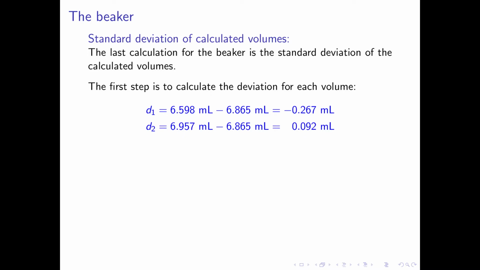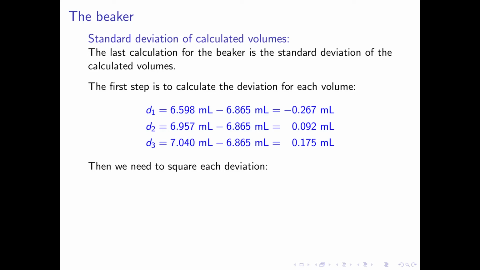The second deviation is calculated as 6.957 milliliters minus 6.865 milliliters, or 0.092 milliliters. The third deviation is found to be 7.040 milliliters minus 6.865 milliliters, or 0.175 milliliters.